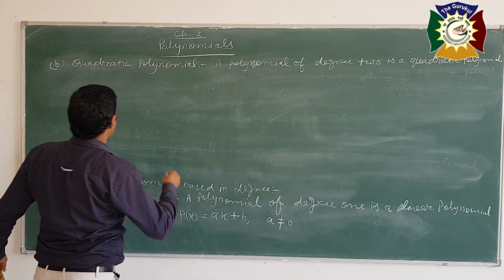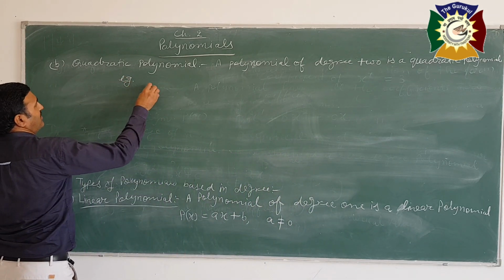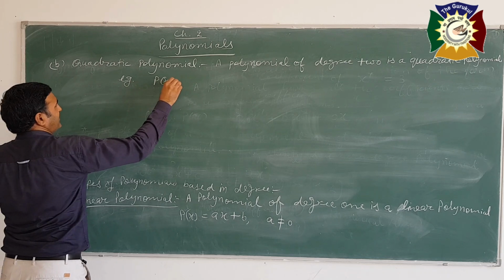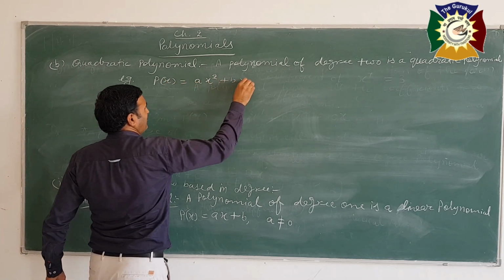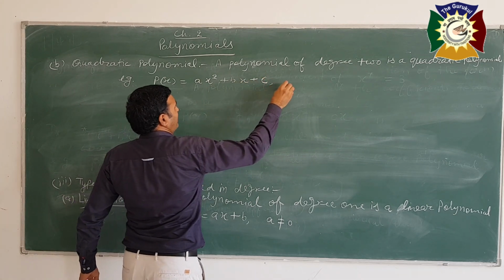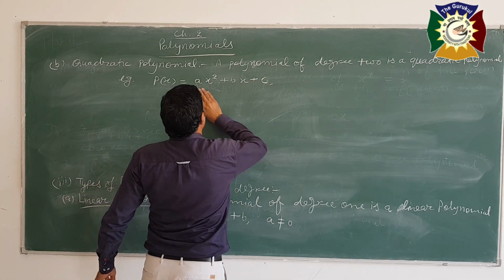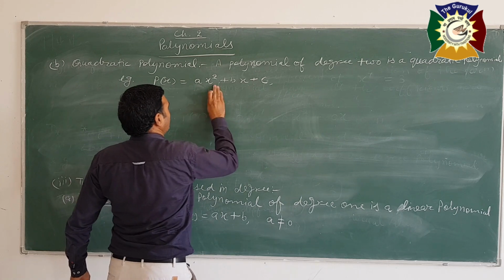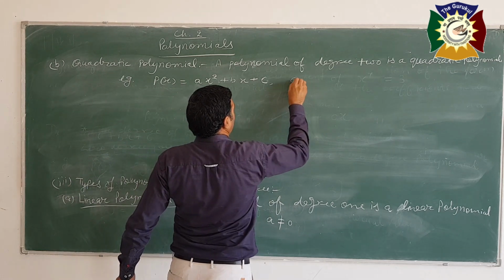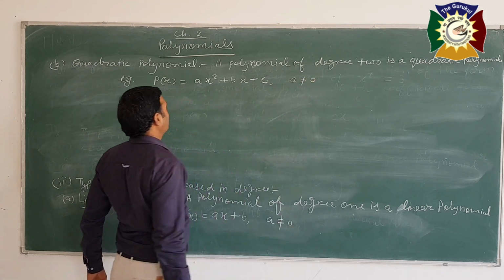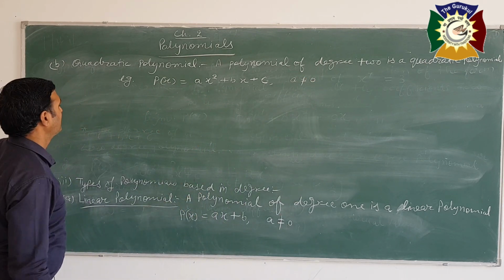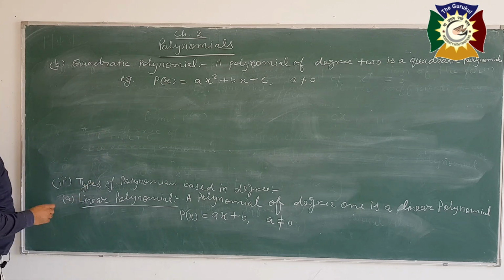And example for this, a general polynomial of degree 2 is ax square plus bx plus c. If the coefficient of x square is non-zero, then we can say this is the polynomial of degree 2. So this is quadratic polynomial.